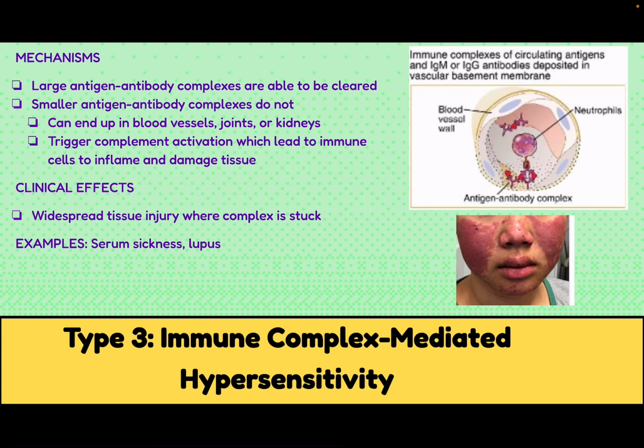Clinical effects cause widespread tissue injury wherever the complexes get stuck, and examples include serum sickness and lupus. And here we have a picture of the butterfly rash that is known as a symptom of lupus.